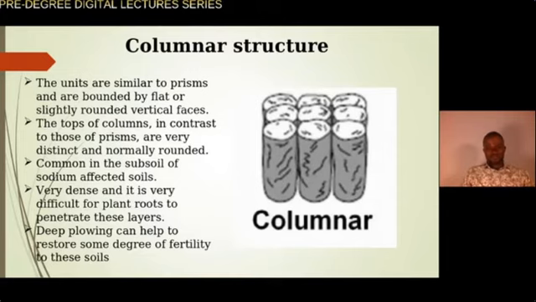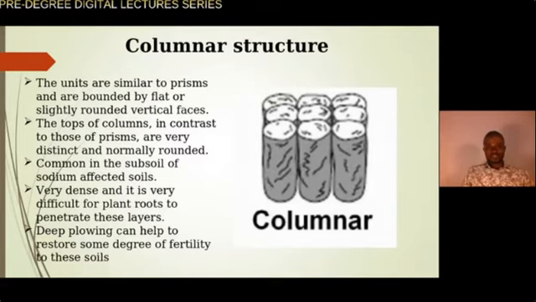This kind of structure results from subsoil that has been impacted or polluted by sodium or sodium compounds. Very dense, and it is very difficult for plant roots to penetrate this layer. Deep plowing can help to restore some degree of fertility to this soil. These kinds of structures impose a problem on the soil.